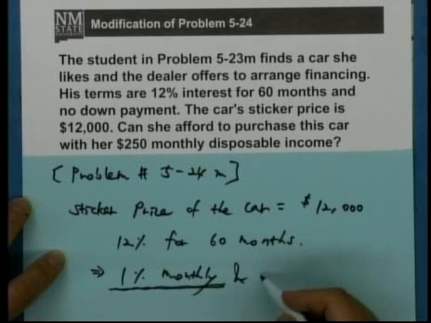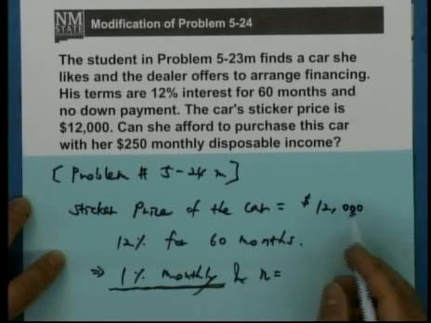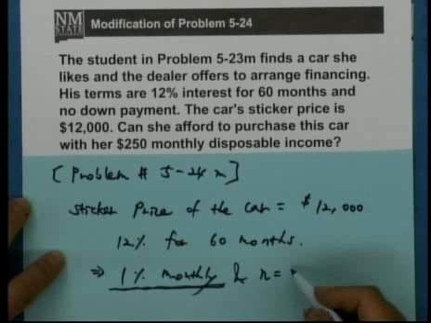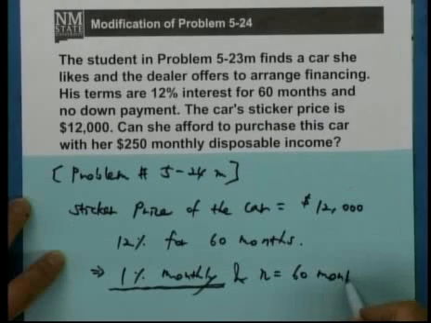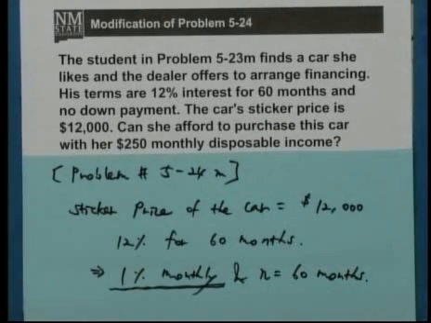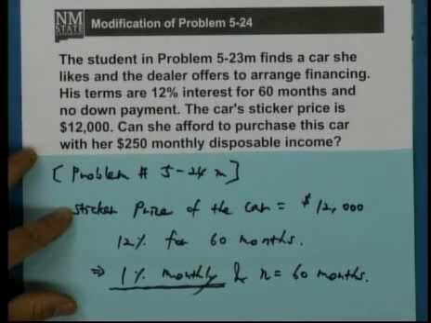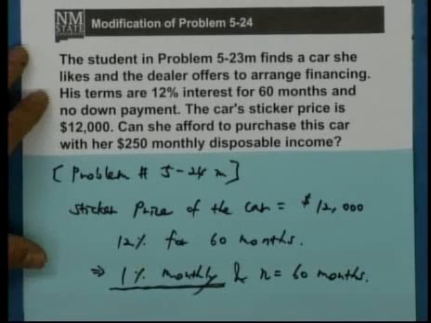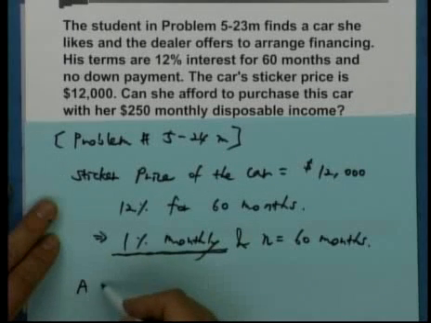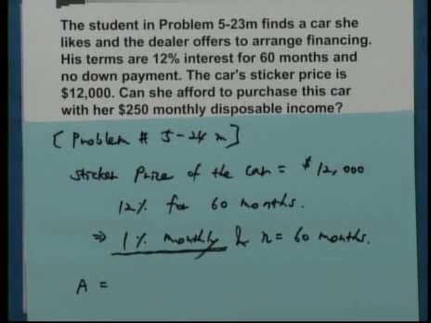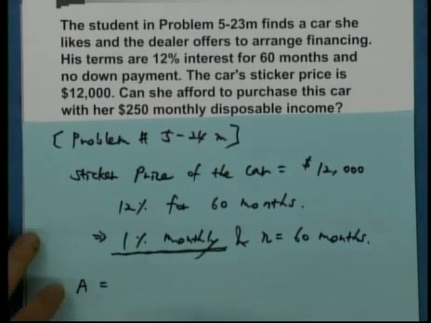And in that case, N becomes 60 months, right? So using all this given information, you can get the monthly payment.